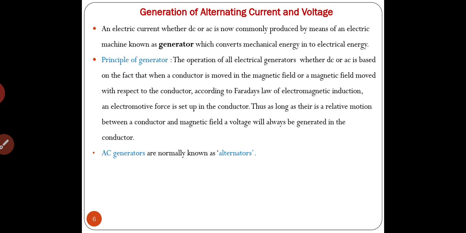These are the two laws of Faraday's law of electromagnetic induction. In either case, there is relative motion between the magnetic field and the conductor, and at that time EMF is generated in the conductor. AC generators are normally known as alternators.